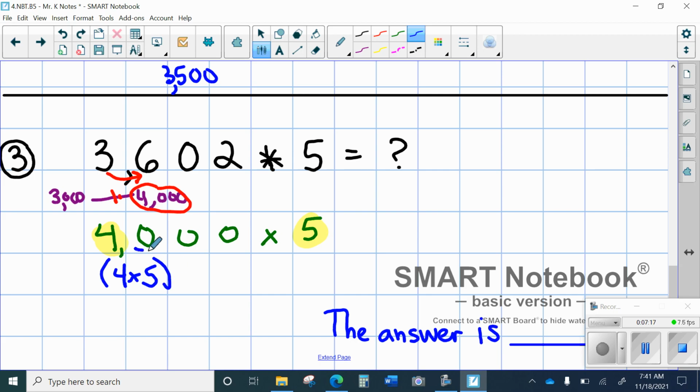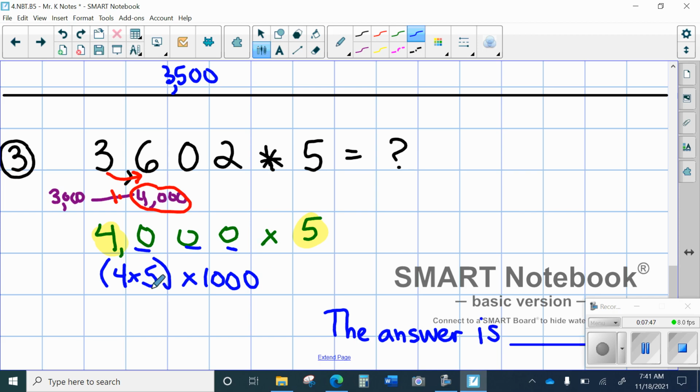Now I see I have 1, 2, 3 zeros. So I'm not going to multiply by 10, because 10 only has 1 zero. I'm not going to multiply by 100, because 100 has 2 zeros. This time I'm multiplying by 1,000, because 1,000 has 3 zeros, just like in 4,000. So 4 times 5 times 1,000 is the same as 4,000 times 5. These are the exact same thing, just written a little differently.